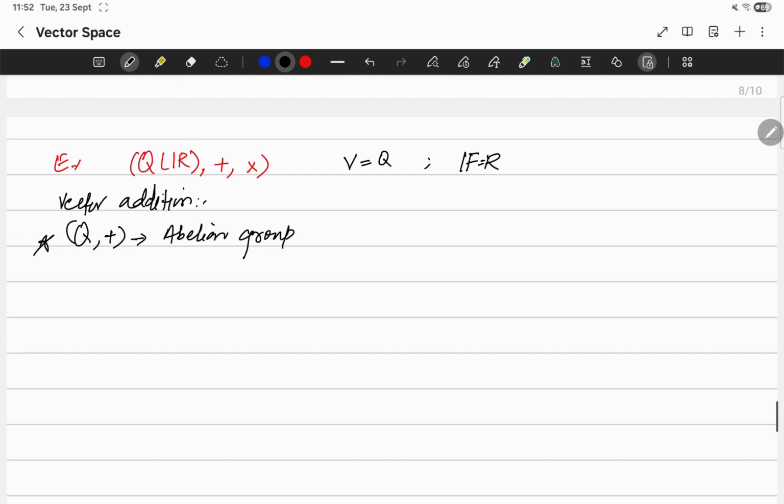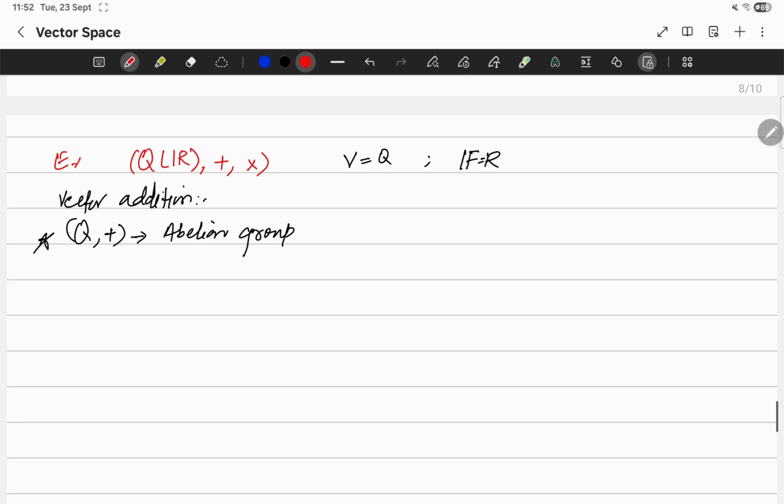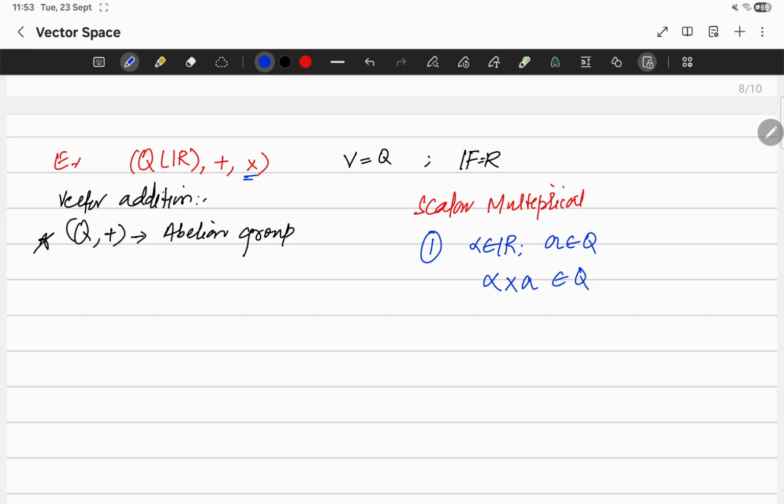Okay, so now we will go directly to the scalar multiplication. For that, the first property is that we take any element from the field. So alpha is any real number, A is any vector from Q, and alpha times A, the second operation, should again be in Q. So is this true?